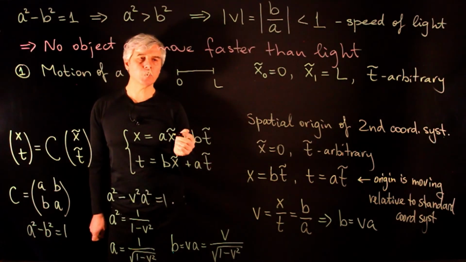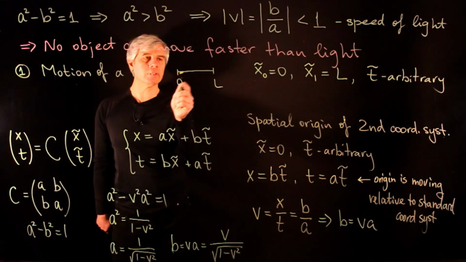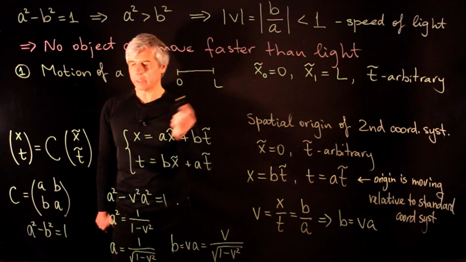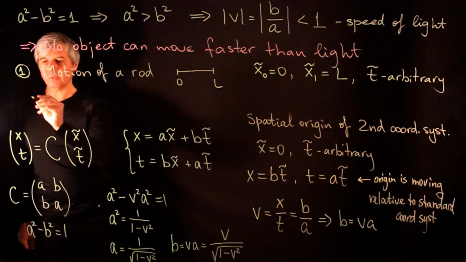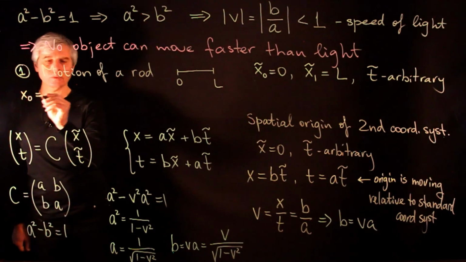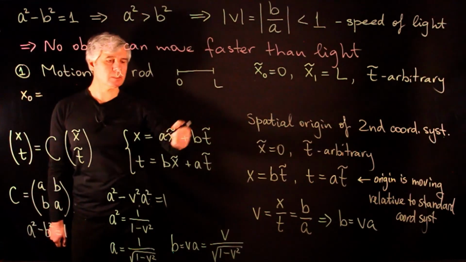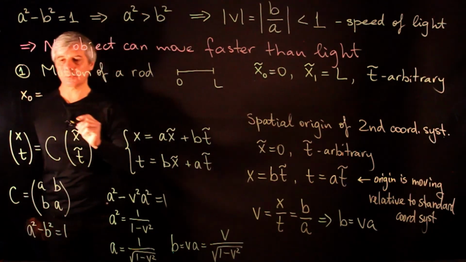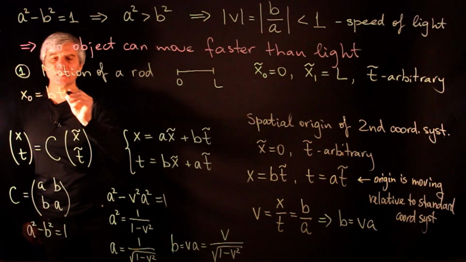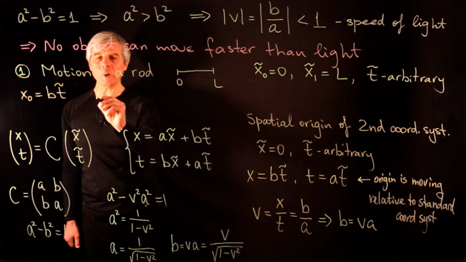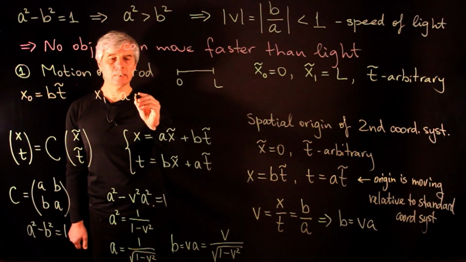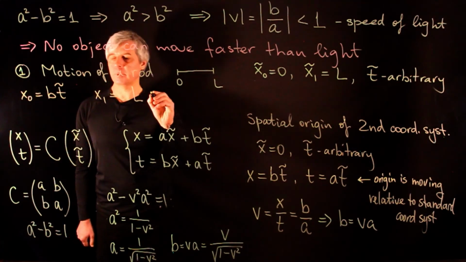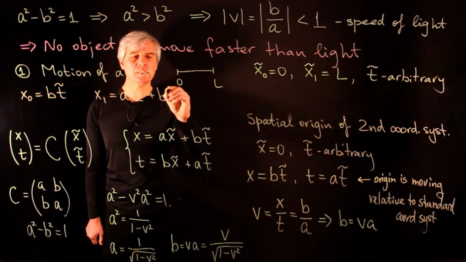Now let us compute the trajectories of the left and the right ends of this rod in our standard coordinate system. So here we will have that for x0, x tilde is equal to 0, so we will just get b times t tilde. And x1 is equal to a times L plus b times t tilde.